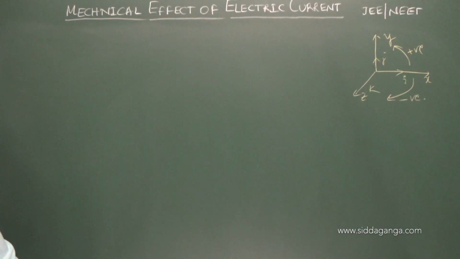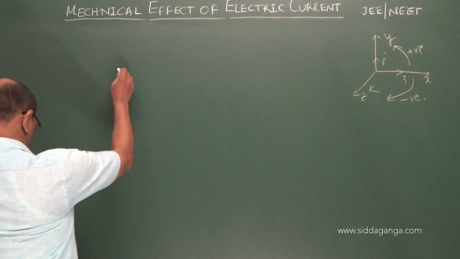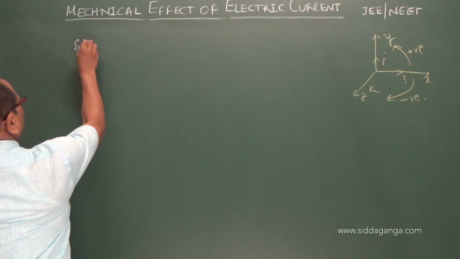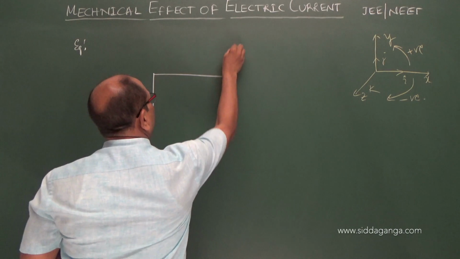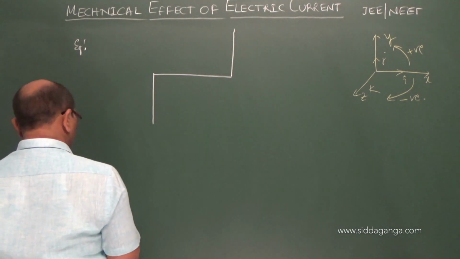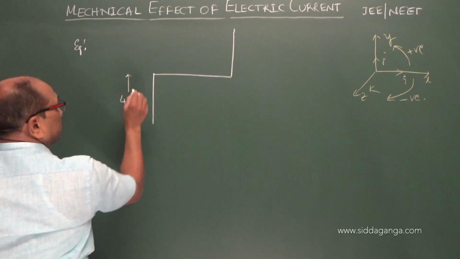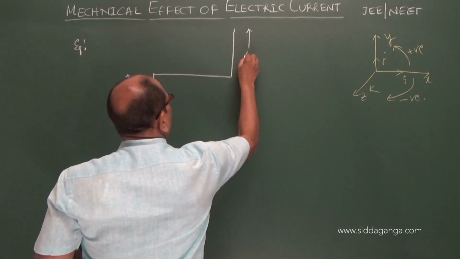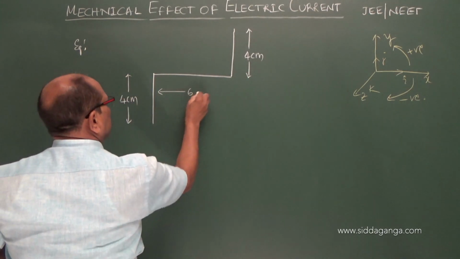I am taking a specific example here. In this example, the wire is carrying current in this form. This is 4 centimeter, this length is 4 centimeter, and this length is 6 centimeter.